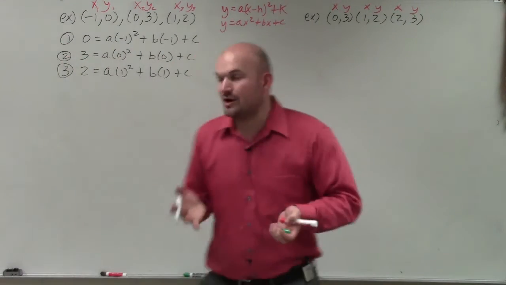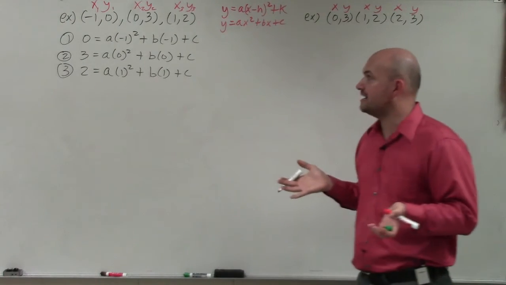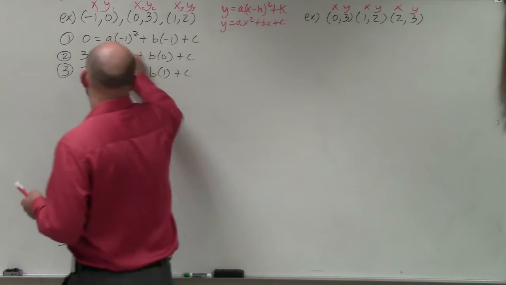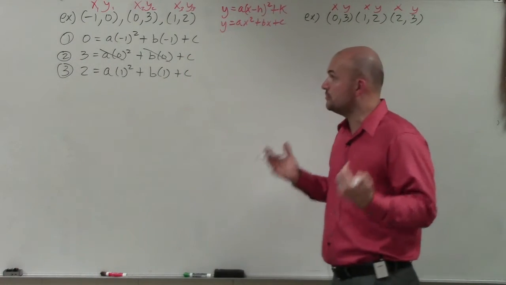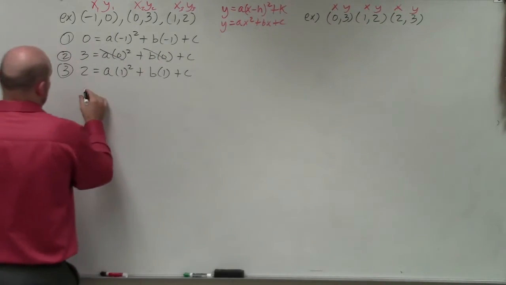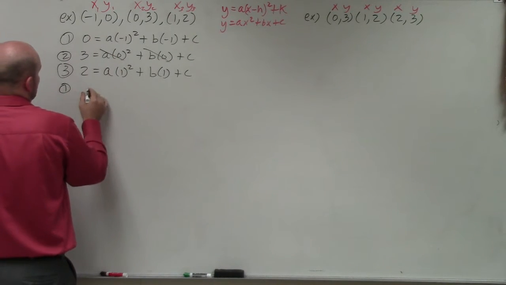Now when I simplify this, there's a couple important things that stand out. First of all, since x is 0 over here, we know that the value of c is going to be equal to 3. Let's rewrite them in simplified form.